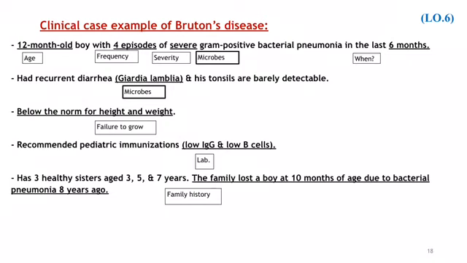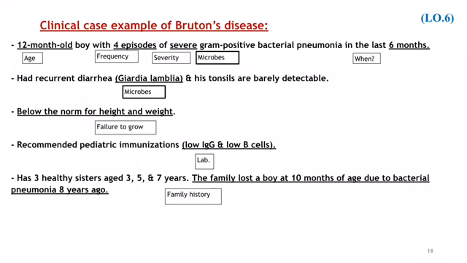He had recurrent diarrhea, and the microbe we found in the lab is Giardia. His tonsils are barely detectable. He is below the norm for height and weight. Recommended pediatric immunization. He has low IgG and low B cells. He has 3 healthy sisters, aged 3, 5, and 7 years. The family lost a boy at 10 months of age due to bacterial pneumonia 8 years ago.